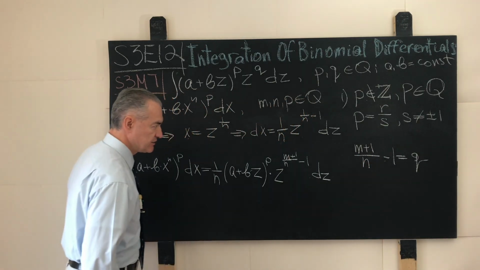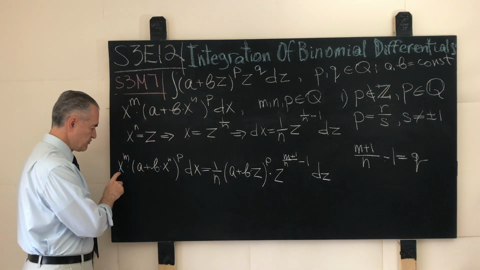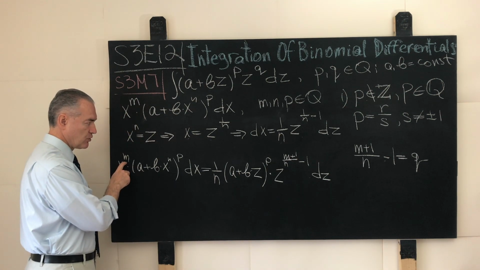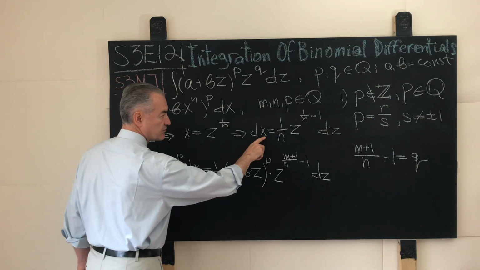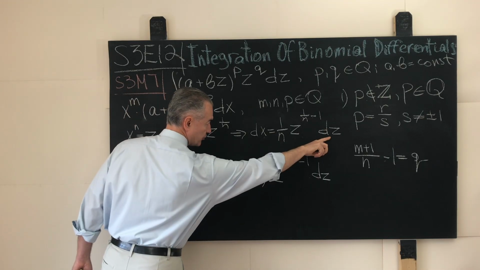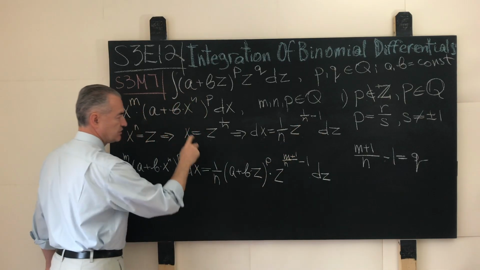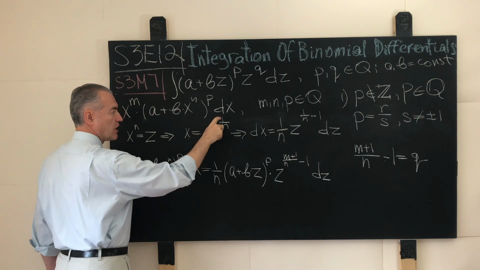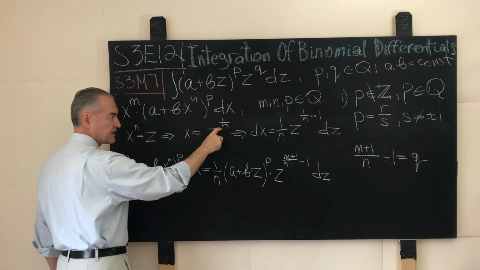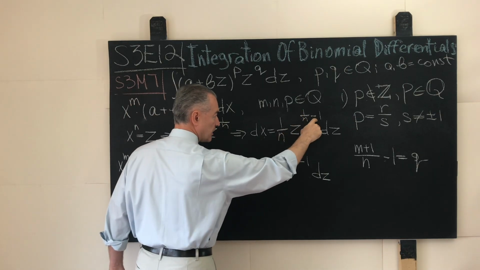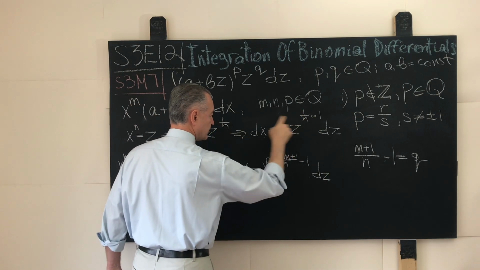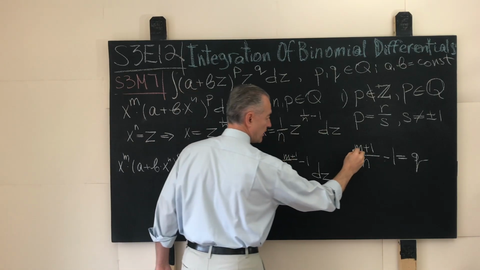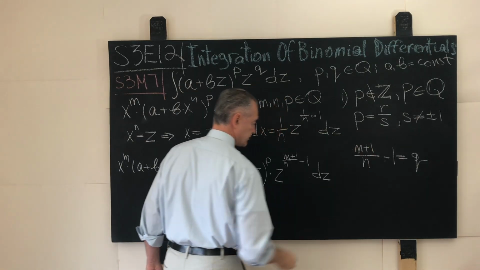Well, this came from the happy marriage between x raised to the power of m and the first differential dx in terms of dz. You see, x raised to the power of m is the same as z raised to the power m over n plus 1 over n minus 1, with n in the same denominator. M plus 1 over n minus 1 is q.